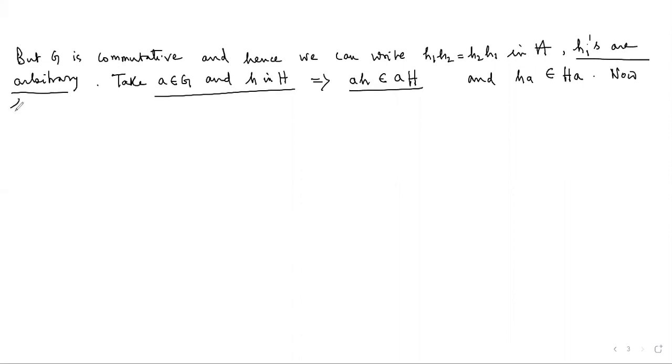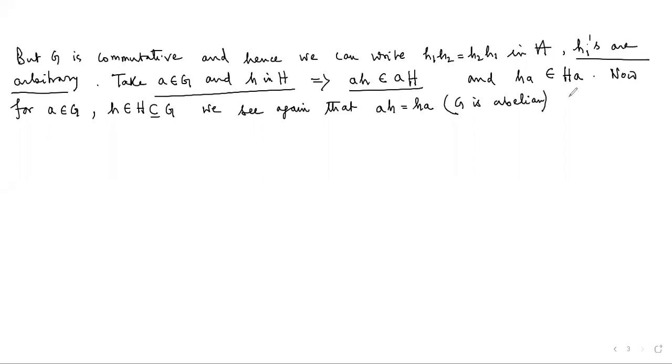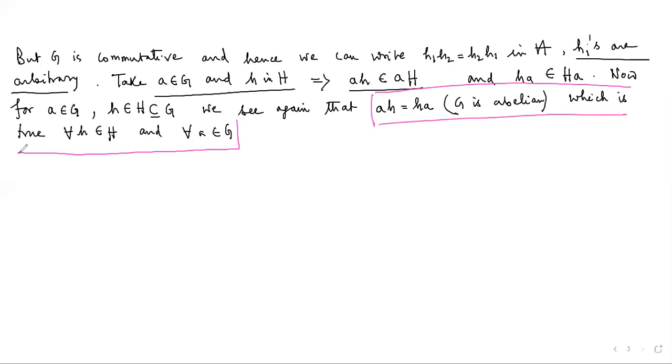Now, for A belonging to G and H belonging to capital H, which is in turn a subset of capital G, we see again that AH is equal to HA because capital G is commutative, because G is abelian, which is true for all H belonging to H and for all A belonging to G. And we know that whenever we write this kind of thing, AH equal to HA for all H belonging to H and for all A belonging to G, this implies that AH equal to HA.